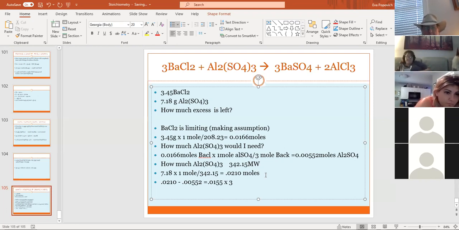I multiply this by 342.15, and I have 5.29 grams left. Are we good, guys?